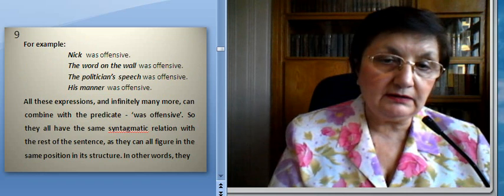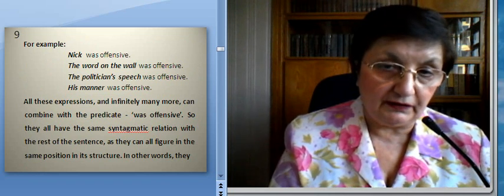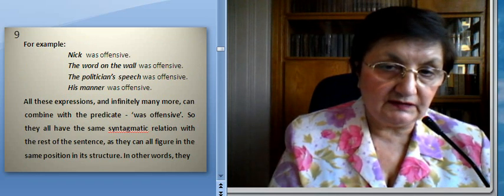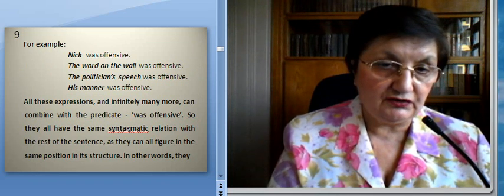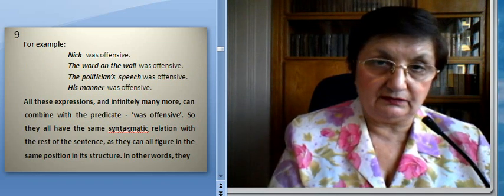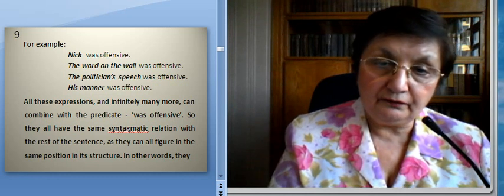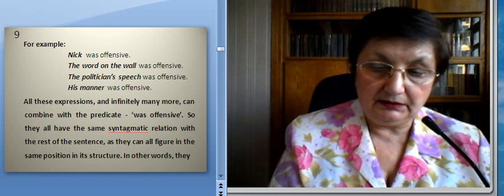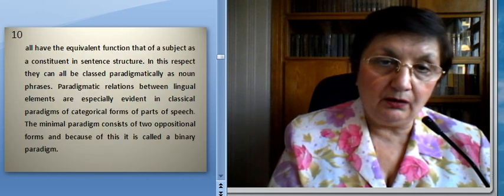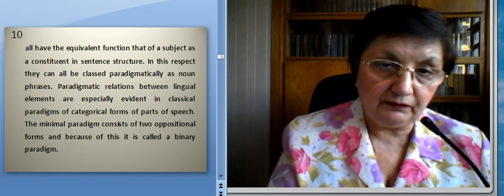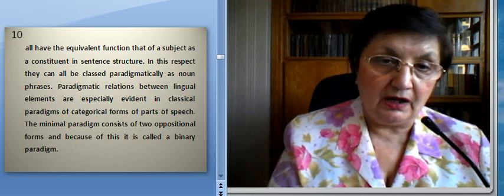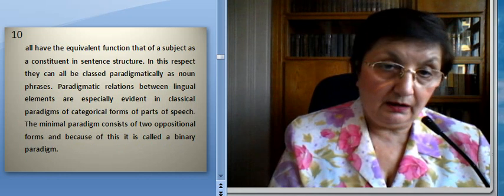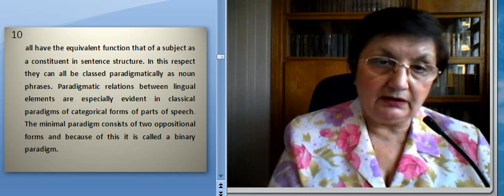So, they all have the same syntagmatic relation with the rest of the sentence, as they can all figure in the same position in its structure. In other words, they all have the equivalent function, that of a subject as a constituent in sentence structure. In this respect, they can all be classed paradigmatically as noun phrases.